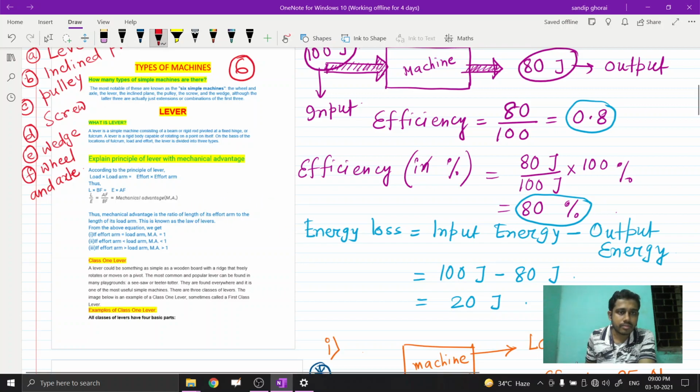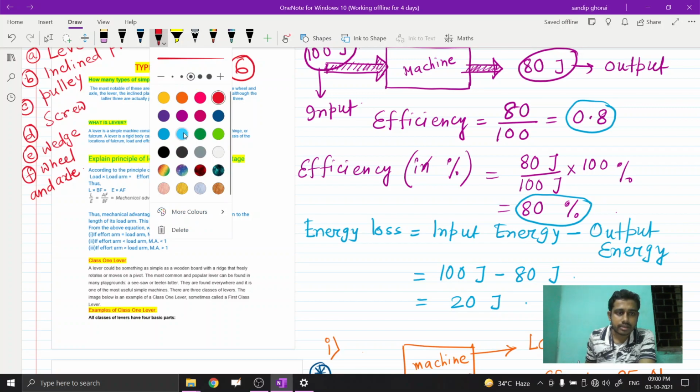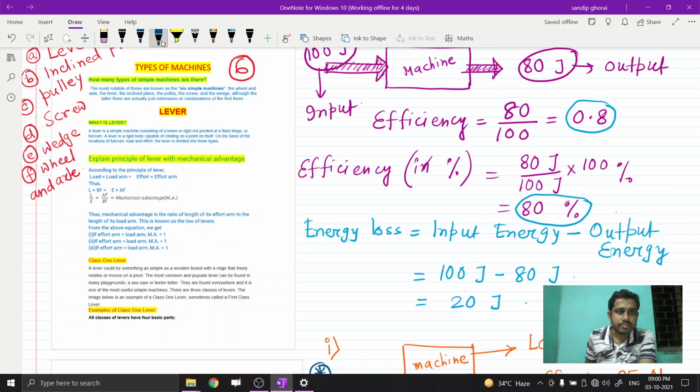Okay, now the general diagram of a lever is like that. We draw a simple diagram here. Actually, this is your simple diagram. If we take it like that, here this is a fixed hinge, this is defined as F. Okay, and one force is applied, that is called load, and another force is effort.